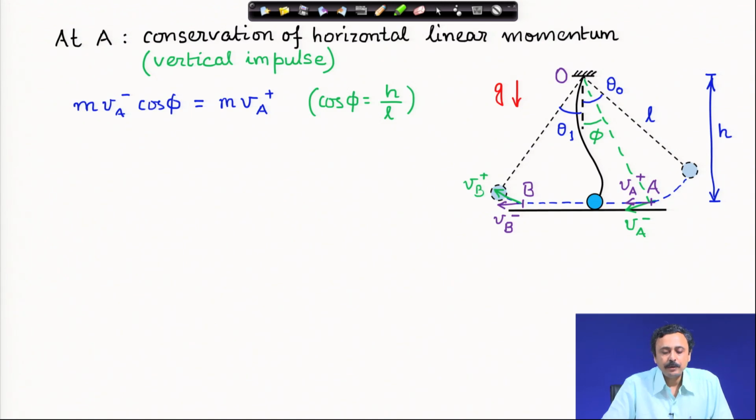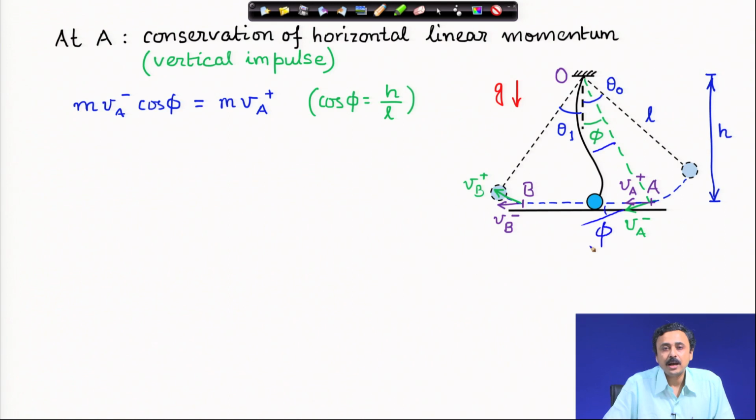Conserving linear momentum in the horizontal direction, I can write this mass times V A minus, this is the green vector, cos phi is the horizontal component. You can check that if this angle is phi as marked, then this angle is also phi.